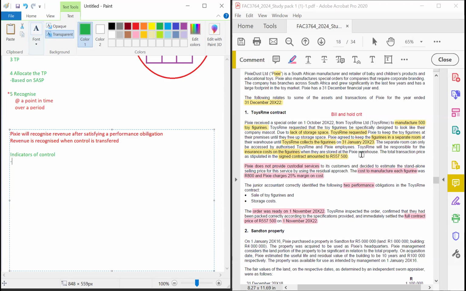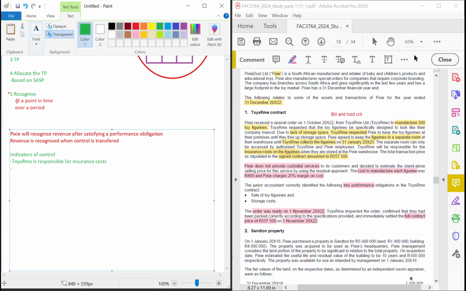Okay, so now, what you could state is that Treasury is responsible for insurance cost, right? So that's what you could state.